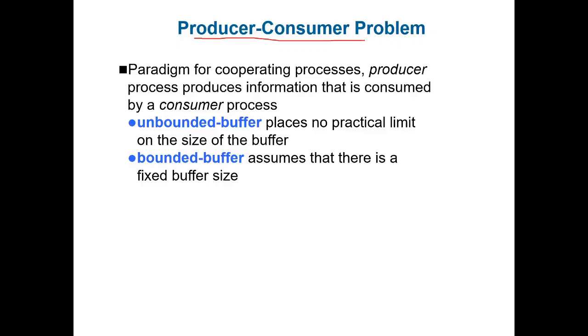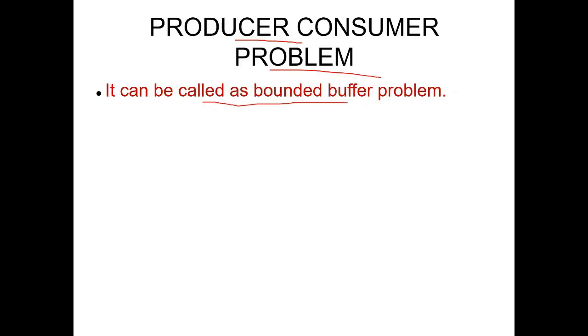So the problem arises when producer and consumer are not working in synchronization. Here the producer should try to insert data into an empty slot of the buffer, and the consumer should try to remove data from a filled slot in the buffer. That is the producer-consumer problem. It is also called the bounded buffer problem.